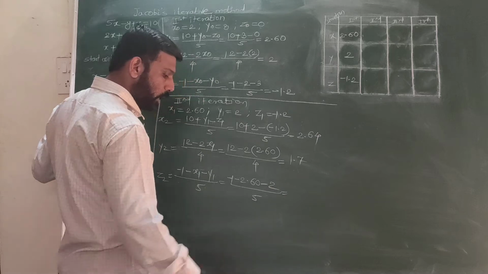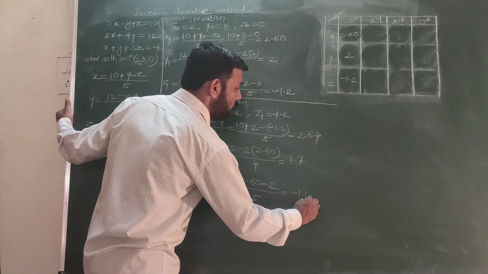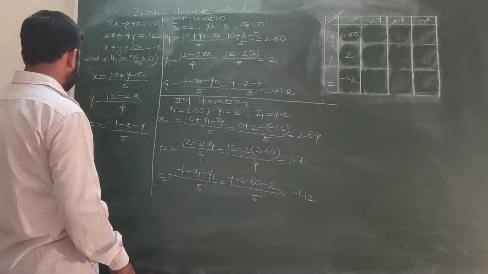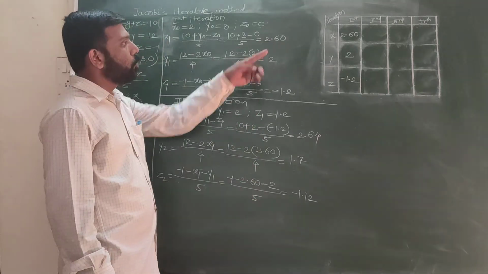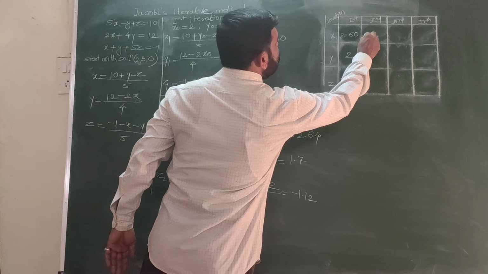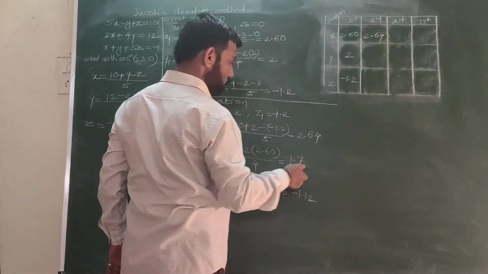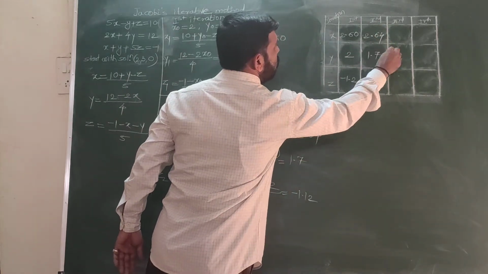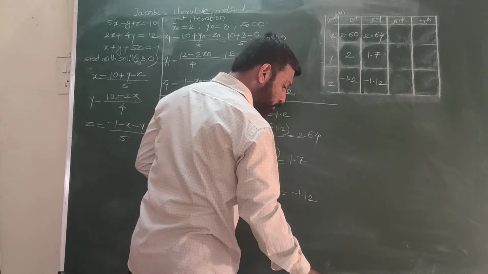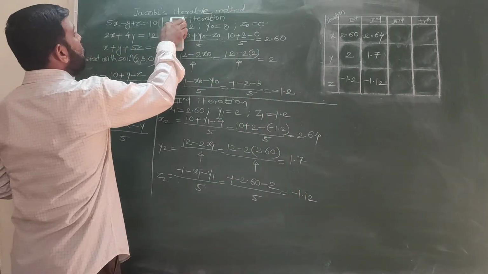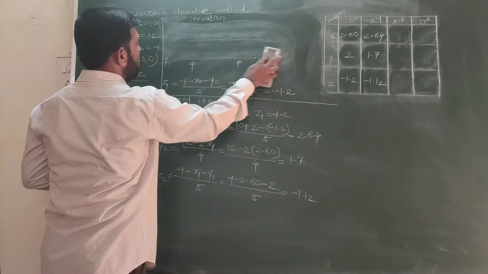Output of this is negative, minus 1.12. So this is the second iteration. We put the values of x, y, z in the table: 1.7, minus 1.12. Then we continue with the third iteration.